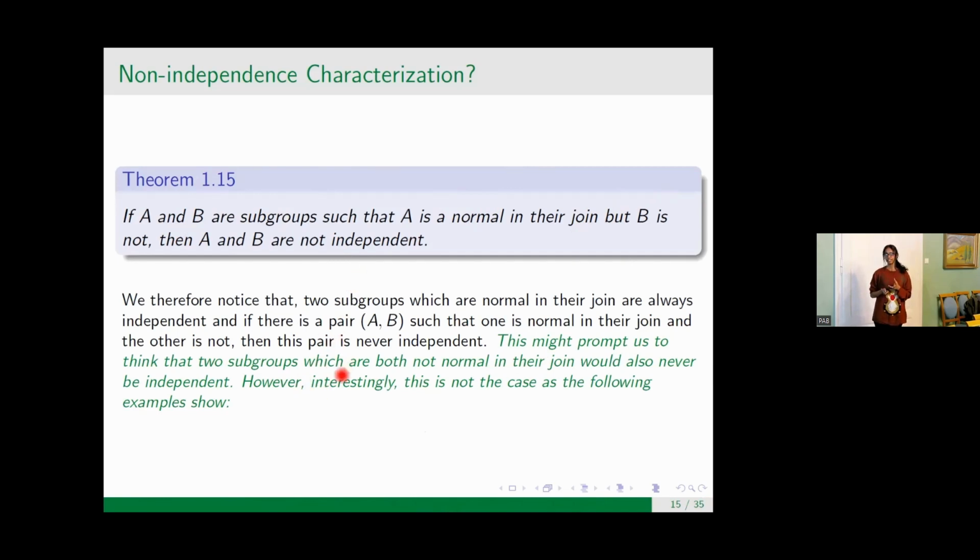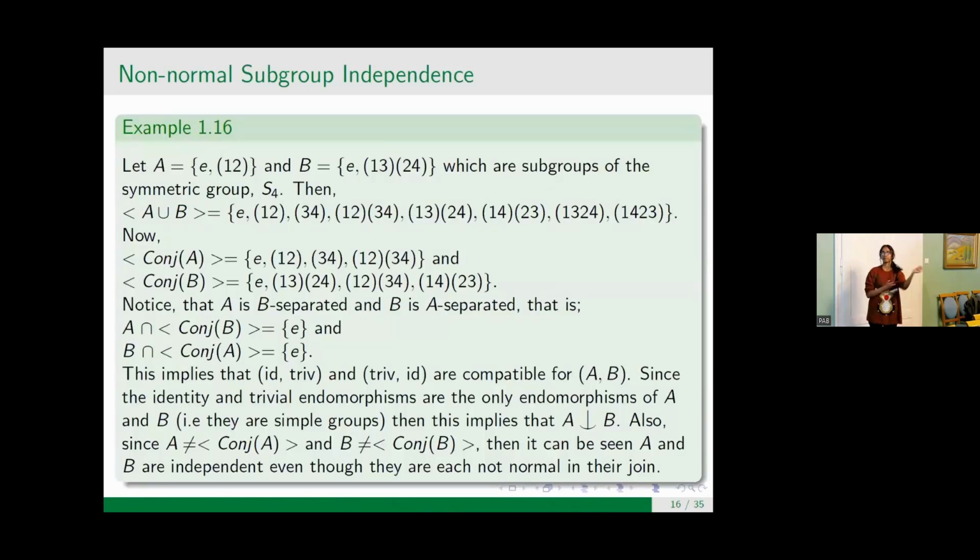However, surprisingly, if the two groups are not normal, you can still get independence. It's possible. Here is the example to witness it. Take subgroup A generated by E1,2 and subgroup B generated by E1,3 2,4, which are subgroups of S4. This is the group generated by these two subgroups, and this is the minimal normal subgroup which A sits in. This is the minimal normal subgroup which B sits in. We can see immediately that A is not equal to this, so it is not normal in its join, and B is not equal to this, so it's not normal in its join.